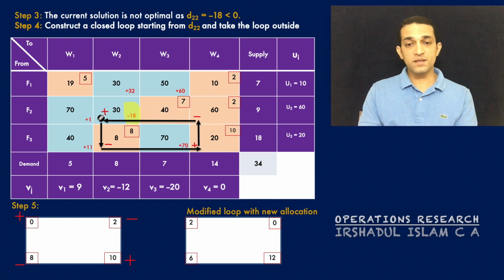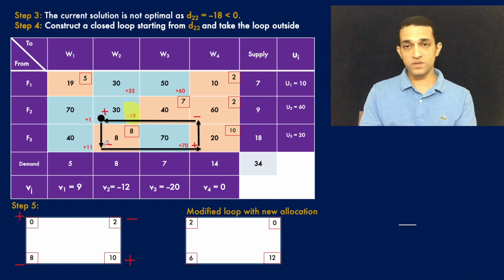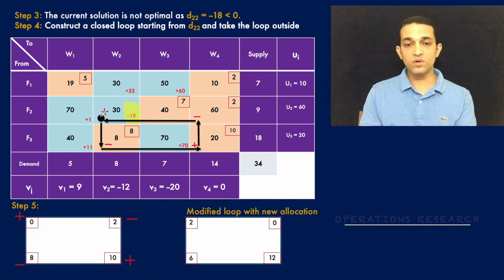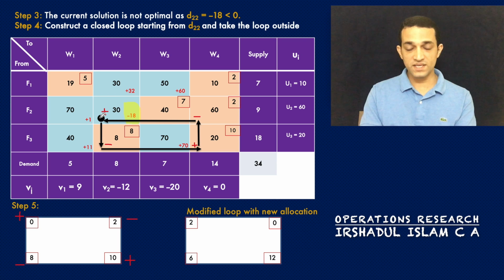This loop we can make in any direction, upward, left, right or downward, no issues. But the turning should be from an occupied cell. This condition will not be satisfied if we go to the left side, because this is not an occupied cell, so we cannot turn from here.